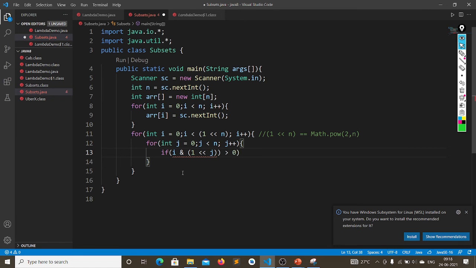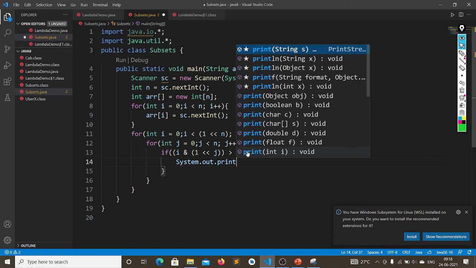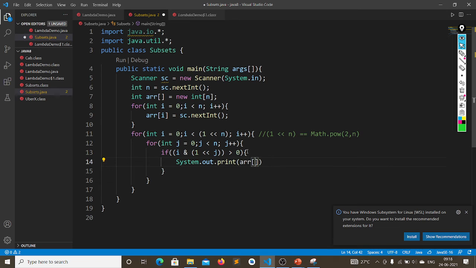This value should be greater than 0 so that I can include that particular element. System.out.print array of j. If I do the AND operator and get a positive value, it means the 1 is there at that particular position.